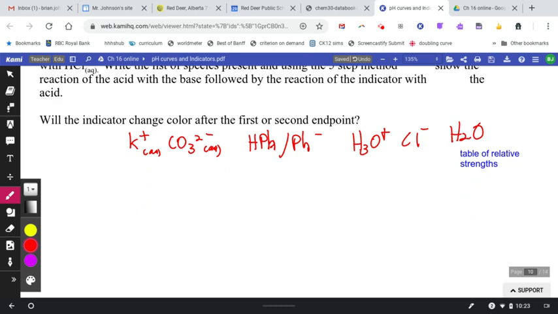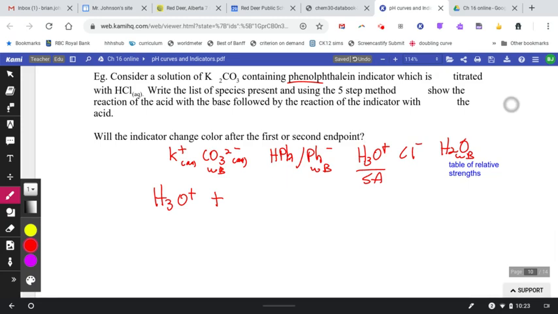Okay, so Bronsted-Lowry theory, there's our strongest acid. So we know we're adding H3O plus. We want our strongest base. So it's either CO3 2- or Ph minus. Definitely not water. That is the weakest base of them all. So we have to go look it up.